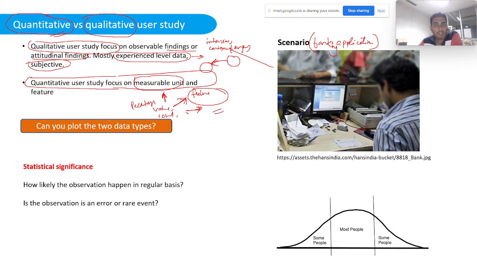So can you give an example: if this is a scenario of using a particular bank application, what will be the nature of qualitative data or quantitative data? An example of qualitative user data from this scenario may be the pain points.